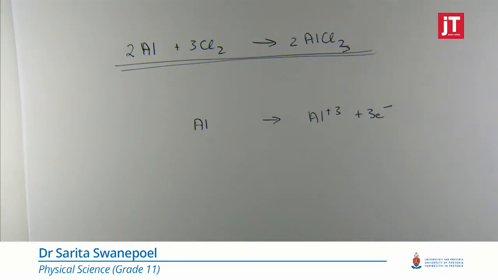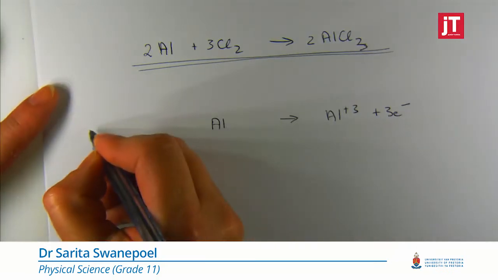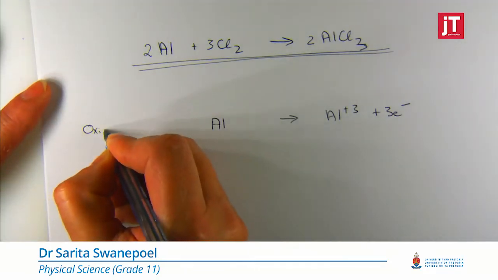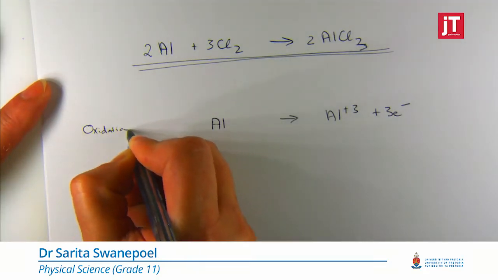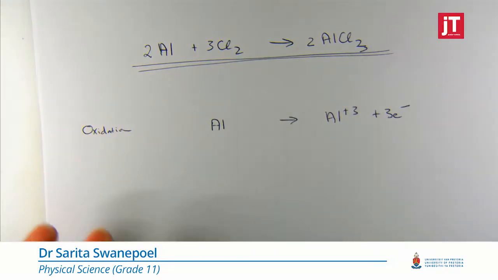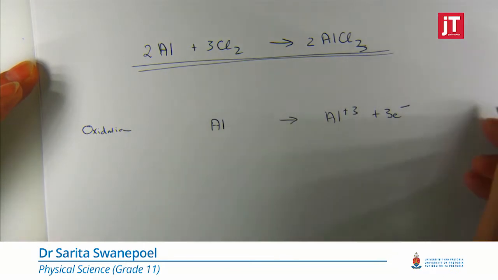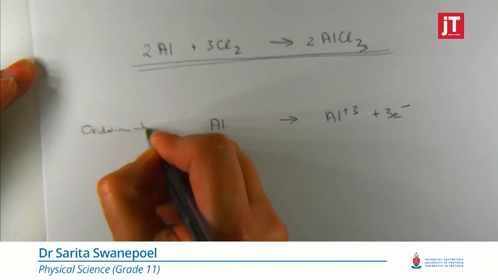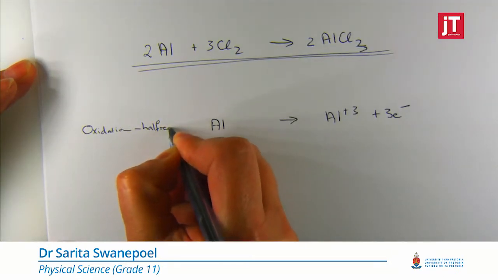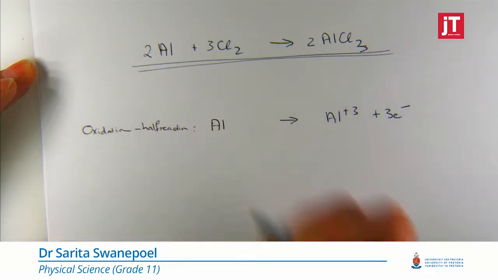Now, it's good enough to say electrons are given off, but we have a correct terminology to use. What do we call giving off electrons? I hope all of you said oxidation. But what's important is this is not a whole reaction. This can't occur on its own, so we call it a half reaction.